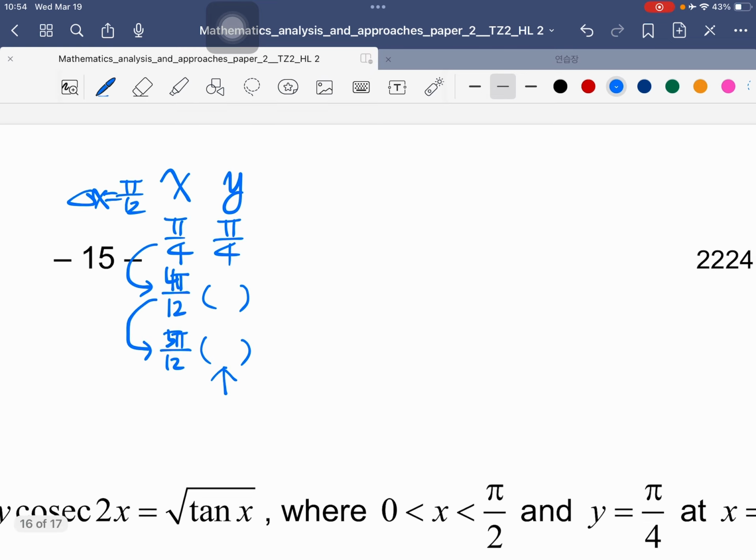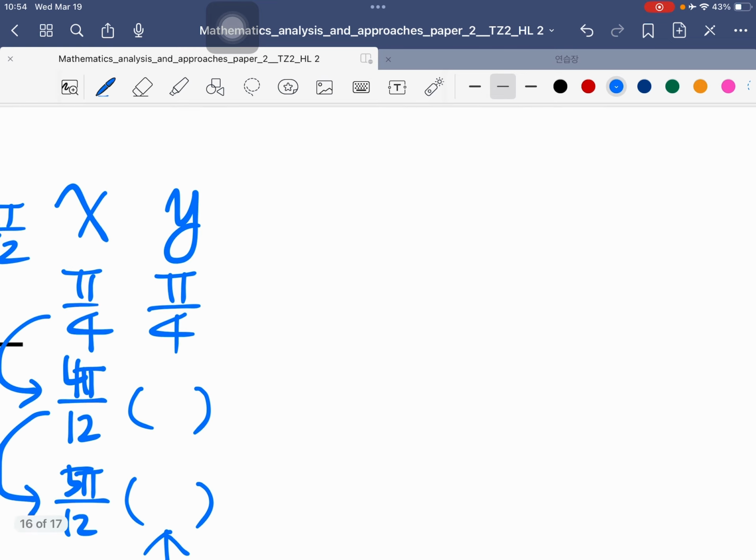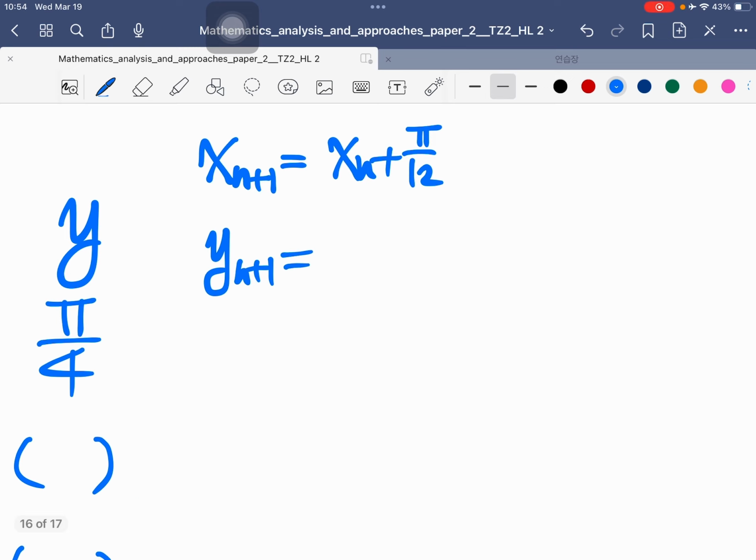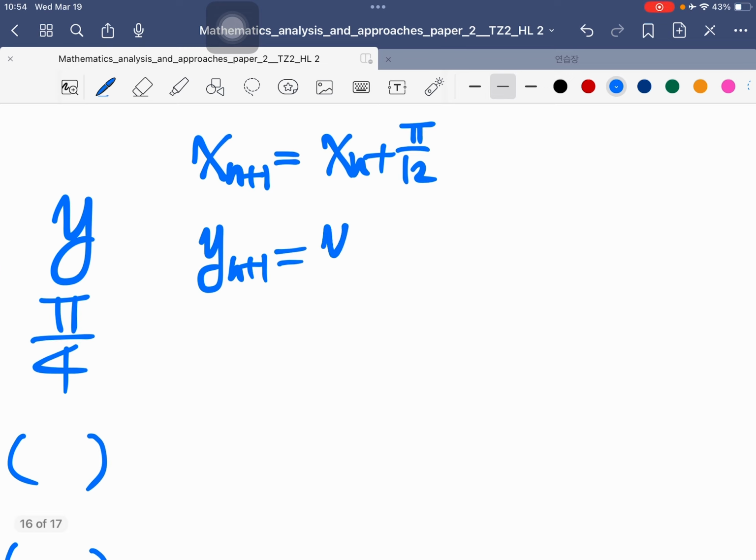Okay, Euler's method is defined like this. The next x value, x n plus 1, is always x n plus the step size, which is pi over 12. And y n plus 1 is defined as y n, the previous y value, plus step size, pi over 12, times dy over dx.